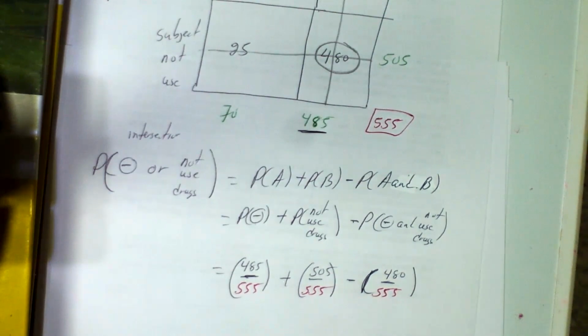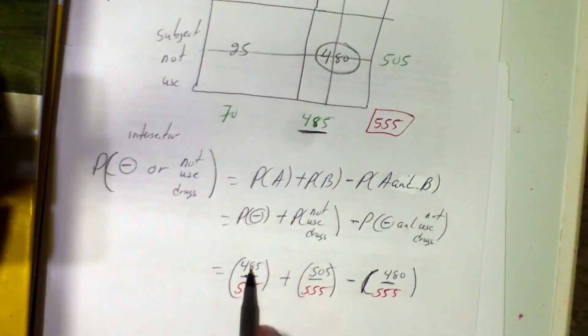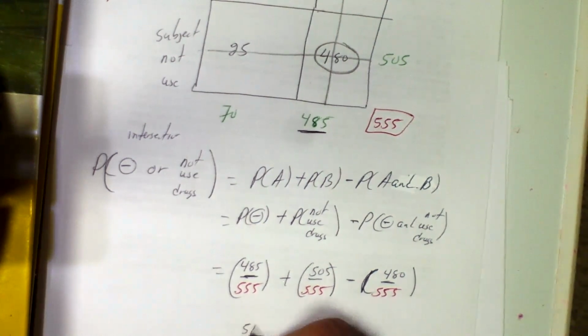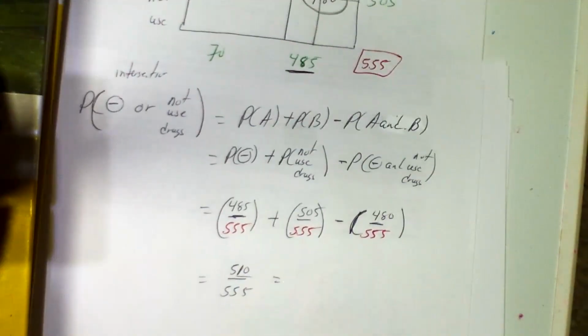Okay. So we add and subtract and keep the denominator of 555. So I'm going to add 45 plus 505 minus 480, which gave me 510. So I'm going to divide.